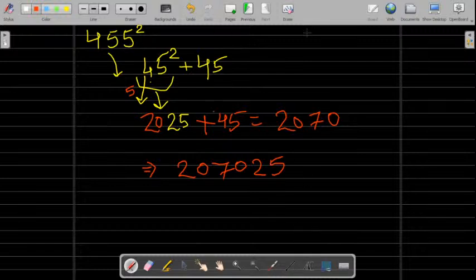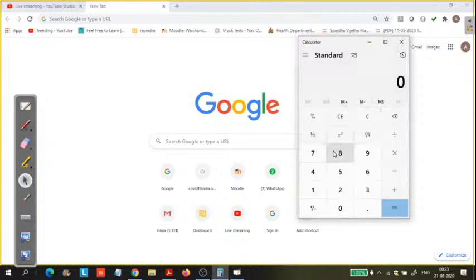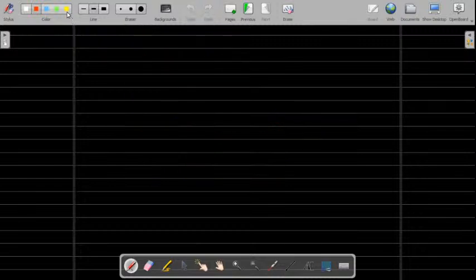So yeah, you can just check it out. What is the number? 455, right? Yeah, 207025. Okay, so take one more. You just solve it. We'll take 555 square.